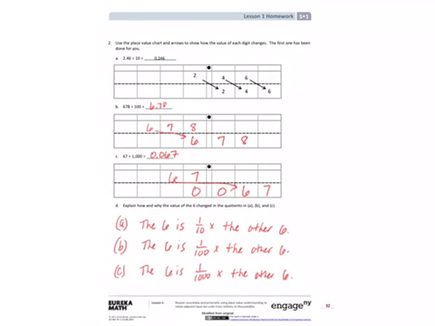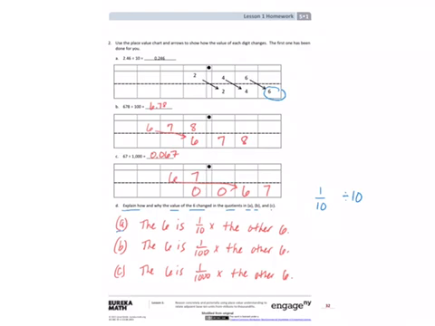So now we need to answer the final question. Explain how and why the value of the 6 changed in the quotients in A, B, and C. So in A, the 6 is 1/10 times the other 6. One thing I want you to be aware of is a fraction, like 1/10, this means divided by 10.